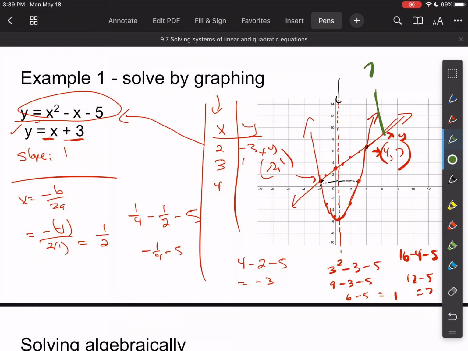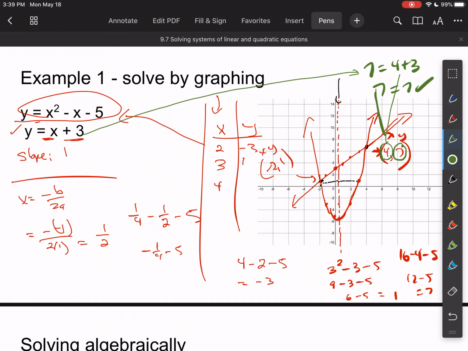So that would be 7 is equal to 4 plus 3. Again, I just took this equation, and then I replaced y with 7, and I replaced x with 4. I'm checking to see if that works. That does work. I'm good.